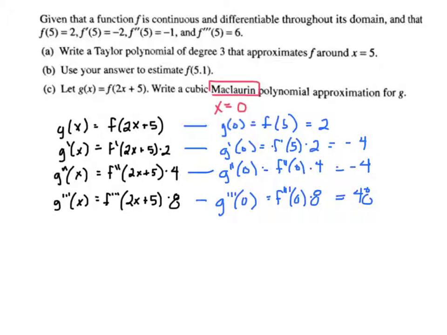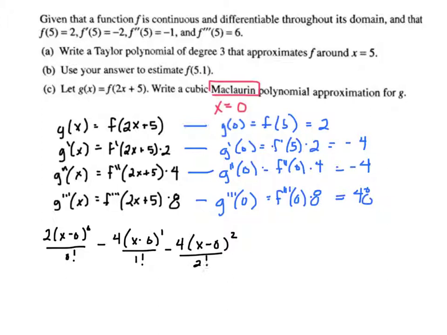Okay, so let's build our Maclaurin series. Remember, it's around x equals 0. So we'd have 2 times x minus 0 to the 0 over 0 factorial, minus 4, because that's the value of the derivative, x minus 0 to the first over 1 factorial, minus 4 times x minus 0 squared over 2 factorial, and 48 times x minus 0 cubed over 3 factorial.